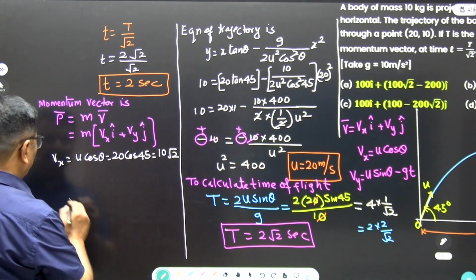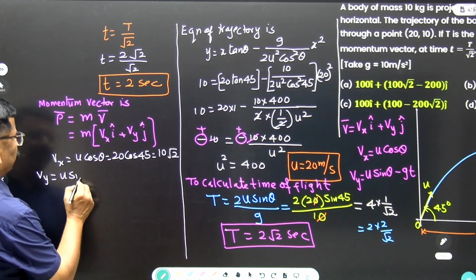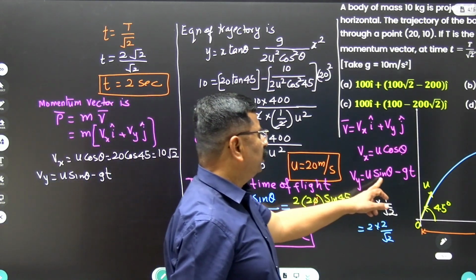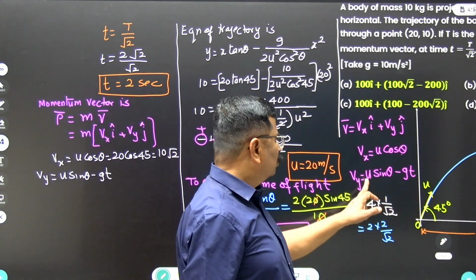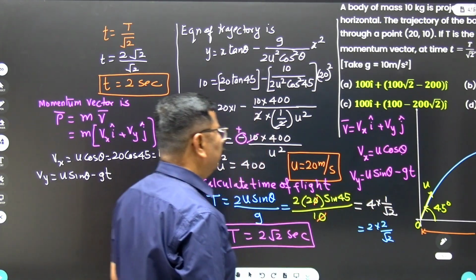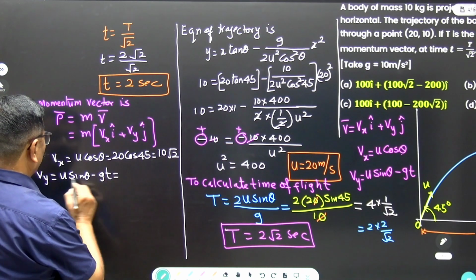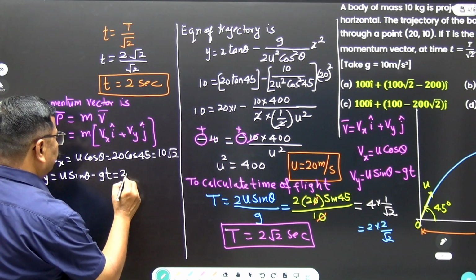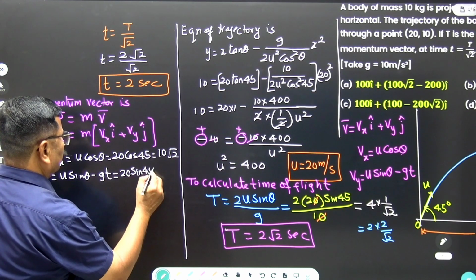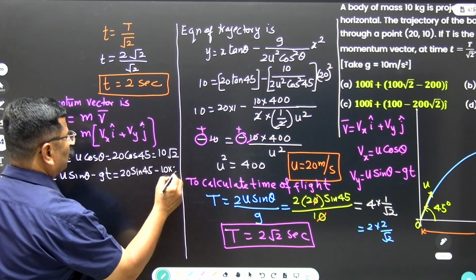Now the vy component is u sine theta minus gt, that we have shown here. So we will substitute the value of u, the value of theta, and g as 10. What is u? 20 into sine 45 minus 10 into 2.